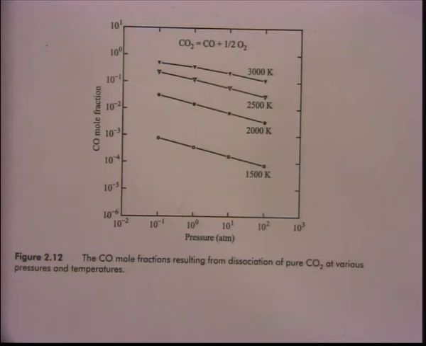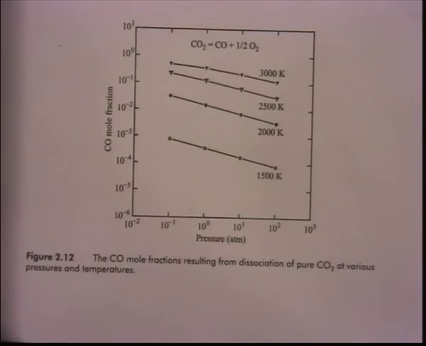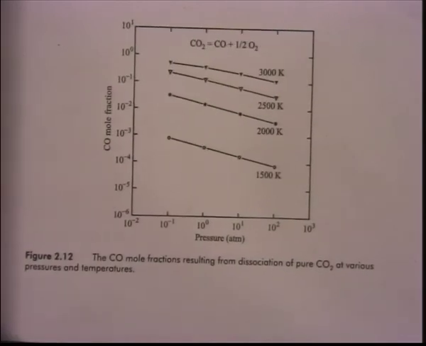So, CO mole fractions resulting from dissociation of pure carbon dioxide at various temperatures and pressures is what the figure caption says, right. So, can we learn something out of this? These are results of calculations solving those three equations, but is there a way of interpreting this?